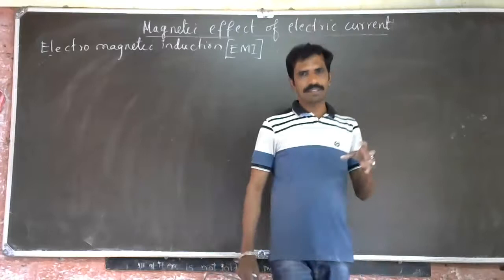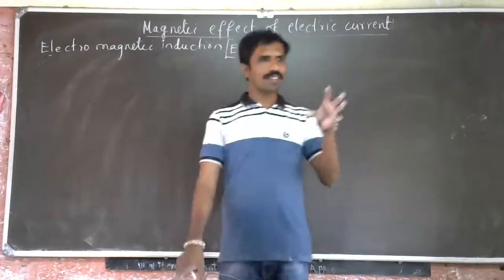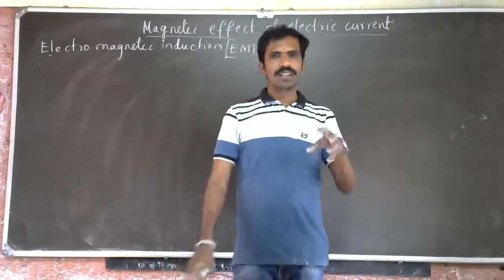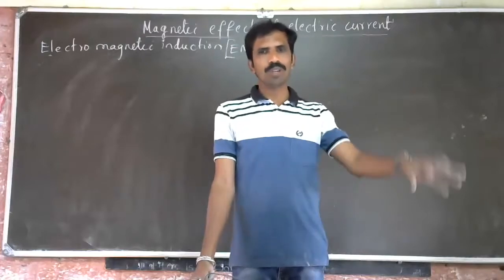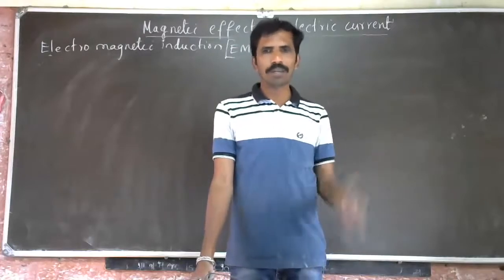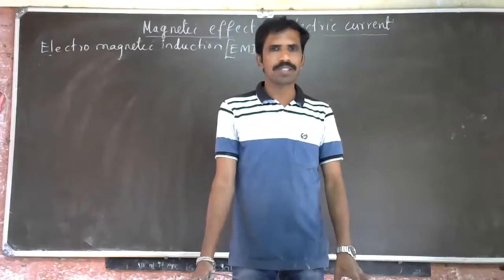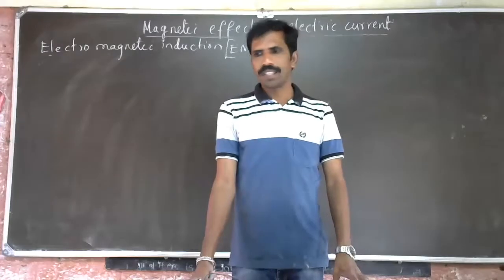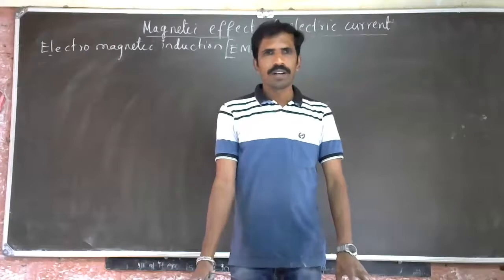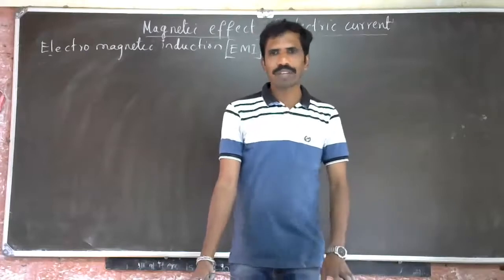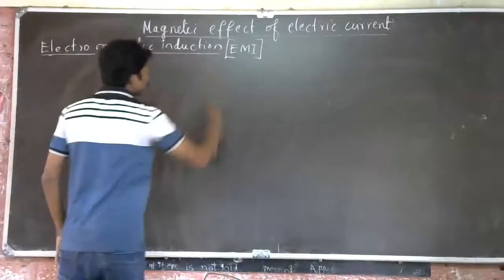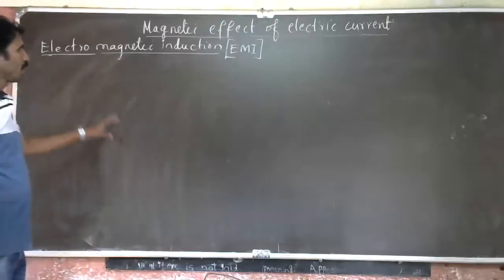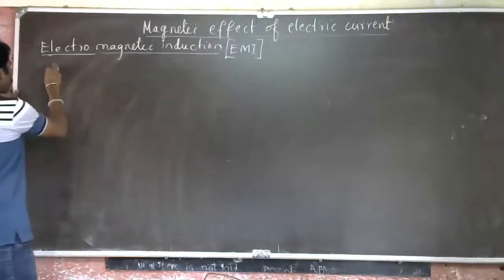He thought like that, and he succeeded, and he proved that magnetism can produce electricity by a simple demonstration. So that is called the law of electromagnetic induction. So he proposed the law.